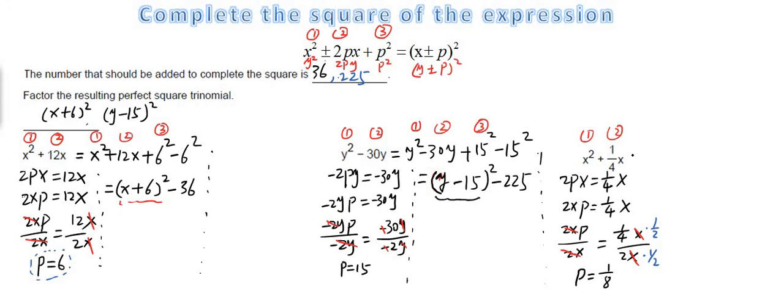Now we found p. Then we can write down the third term. The third term: x squared plus 1/4 x plus p squared, that is 1/8 squared. And when you add the number, you need to subtract this number.